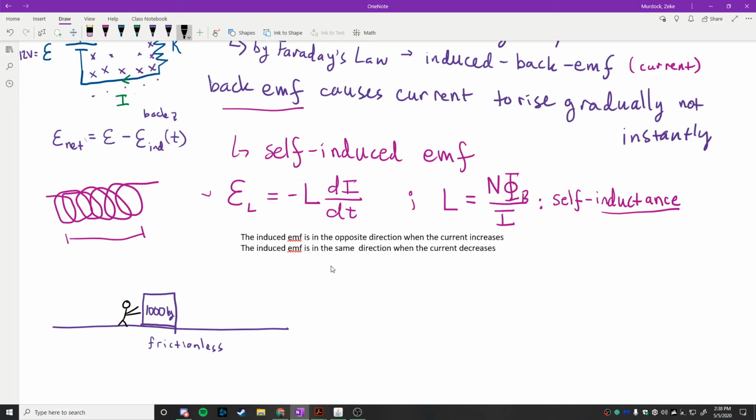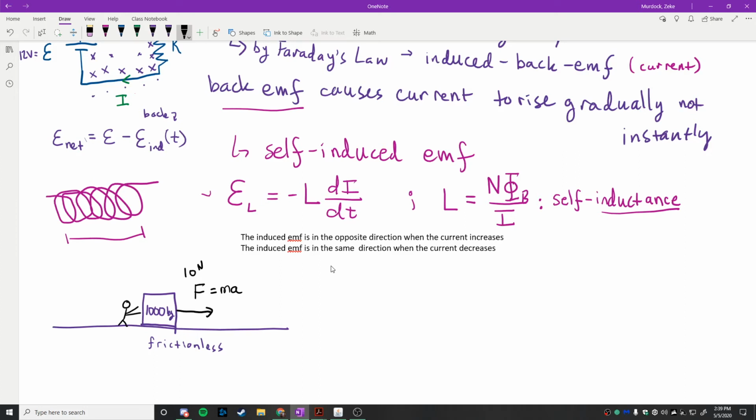Yeah, how hard you push it, right? So you apply a force, and whatever the force you're capable of applying, you know that it's the only force acting on the object. That force is going to be equal to the mass of the object times its acceleration, right? So maybe the force you apply, let's say, is like 10 newtons or something like that. Well, that's going to give you a certain acceleration.